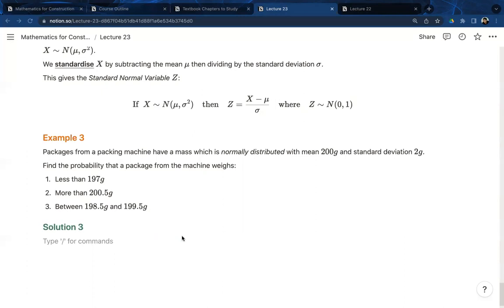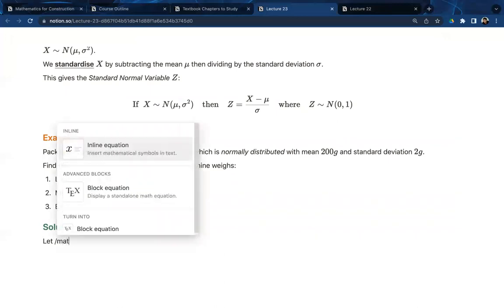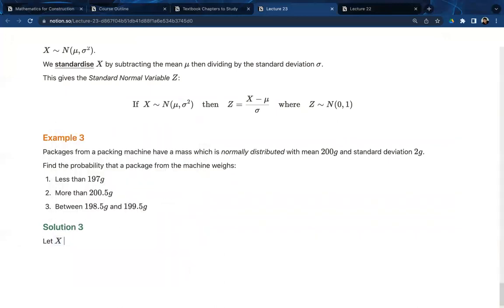So we could say, let X be the random variable, the mass of a package.